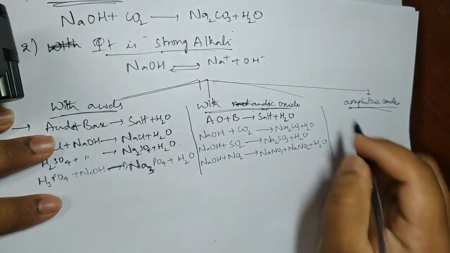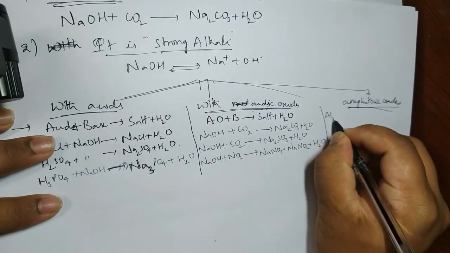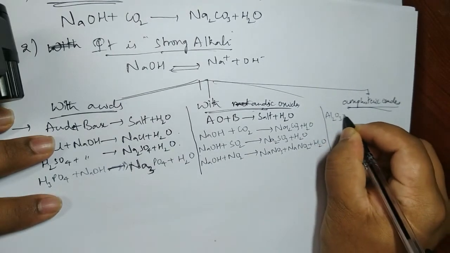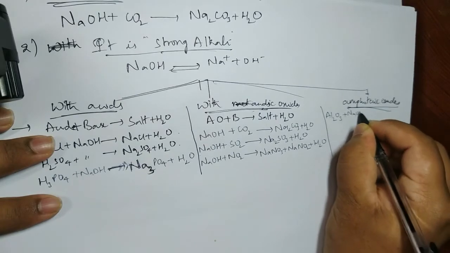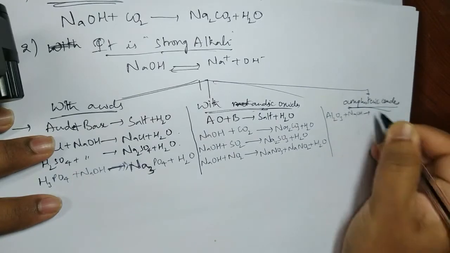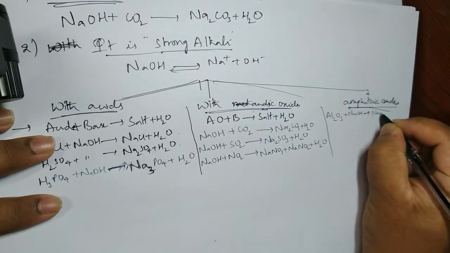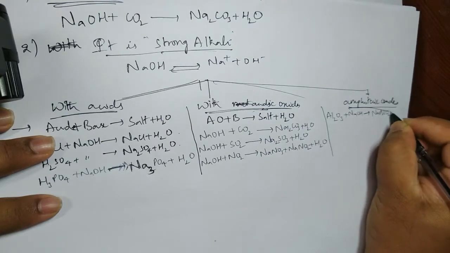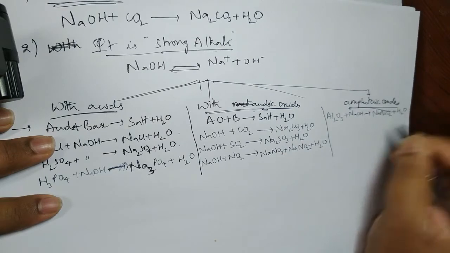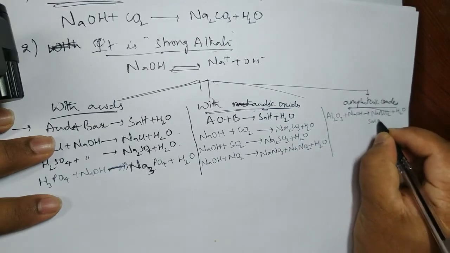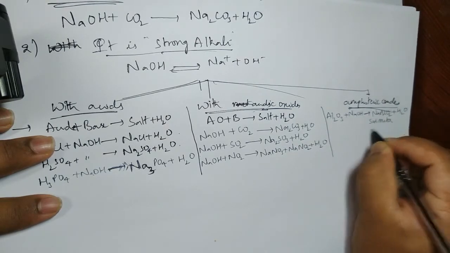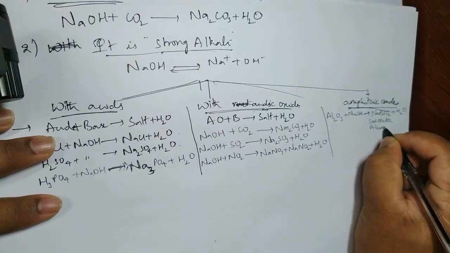Very commonly seen is Al2O3. We have seen this already many times. It forms sodium aluminate or sodium meta-aluminate, NaAlO2, plus water.